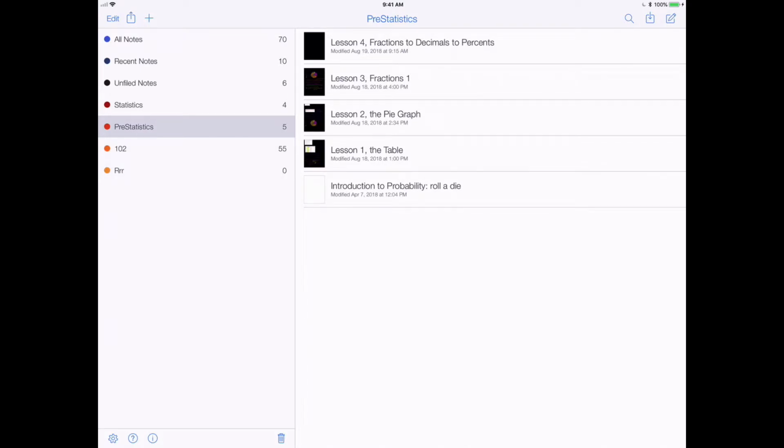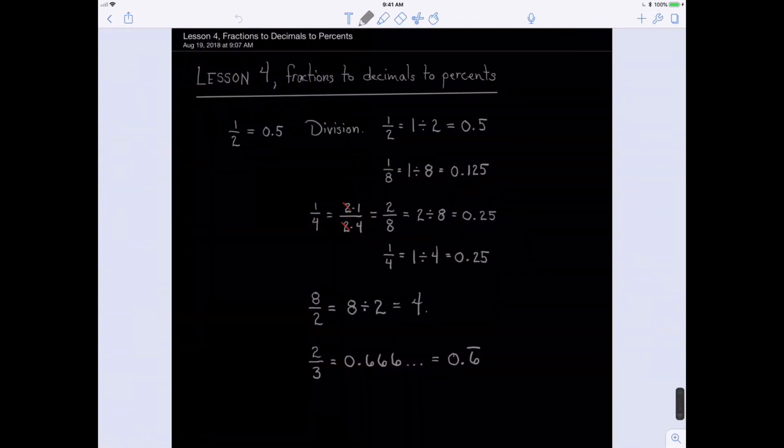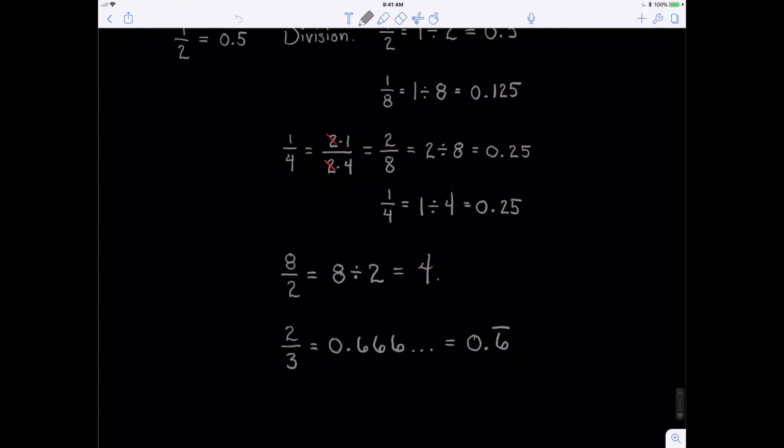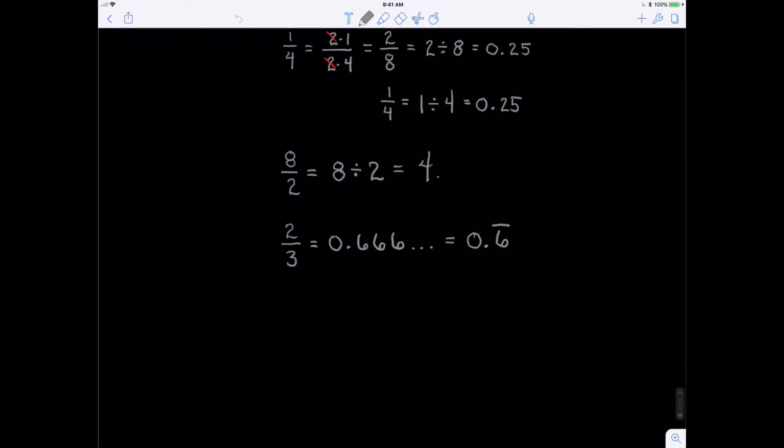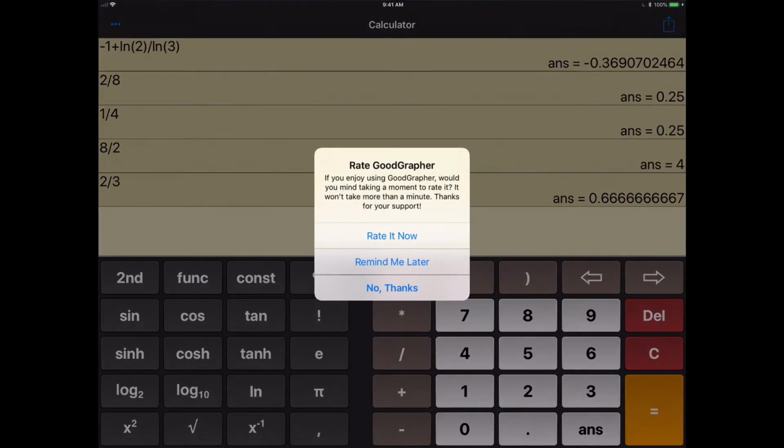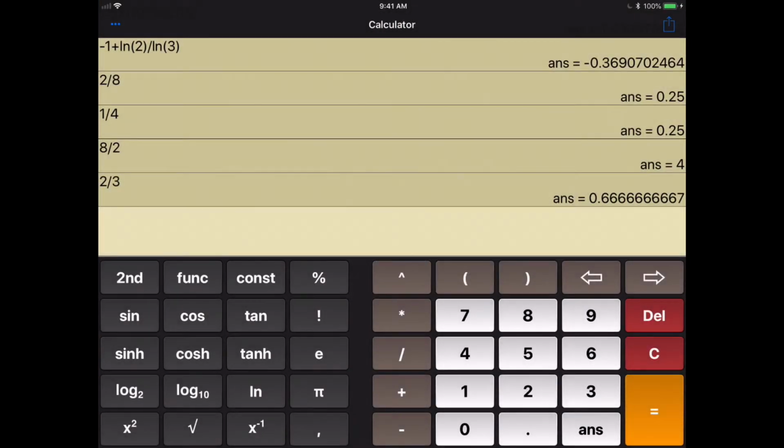Okay, so let's go back to our notes. Let's try one more. Let's try the fraction 2/11. Now watch what happens when you put this one into your calculator. You go 2 divided by 11, and notice the pattern.